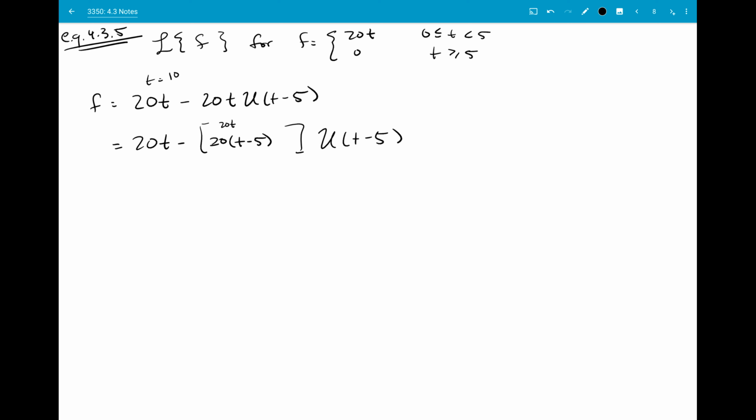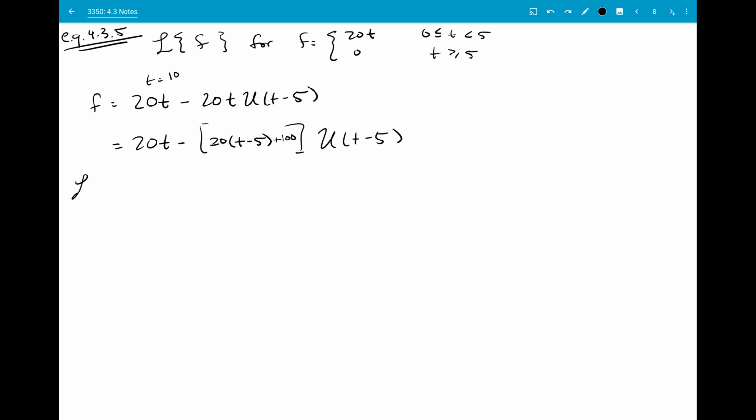That gives me 20t minus 20 times 5 is 100, so I better just add an extra 100 right there. Then that 20t minus 100 plus 100 is still 20t, but now it looks like a t minus 5, which is what I need to use my Laplace transform property.